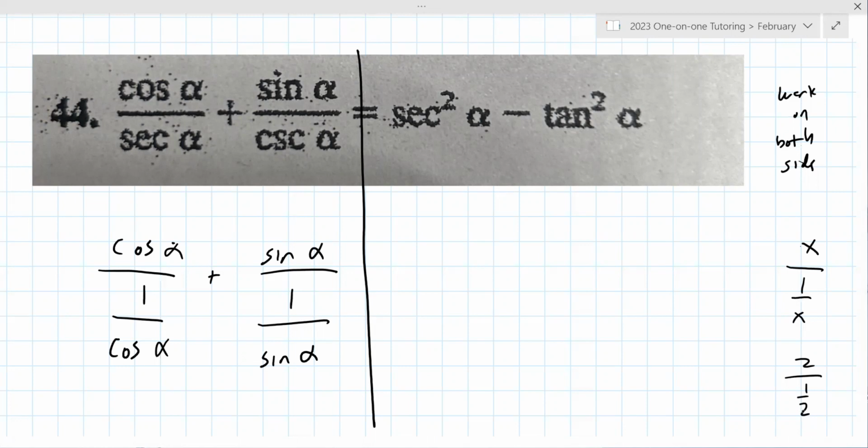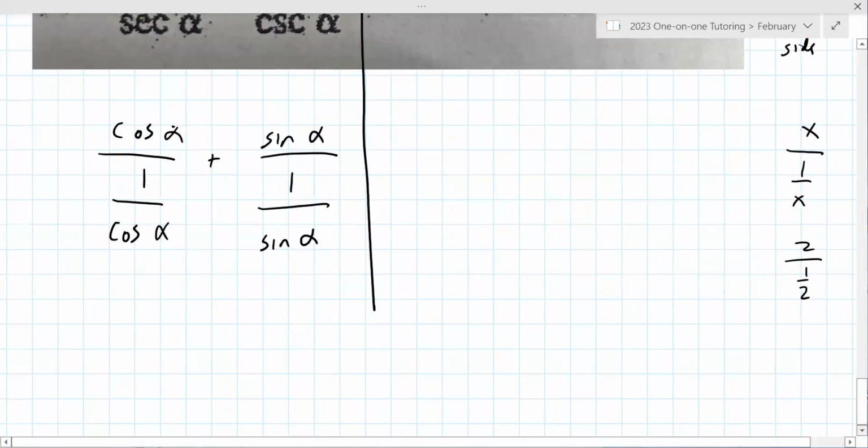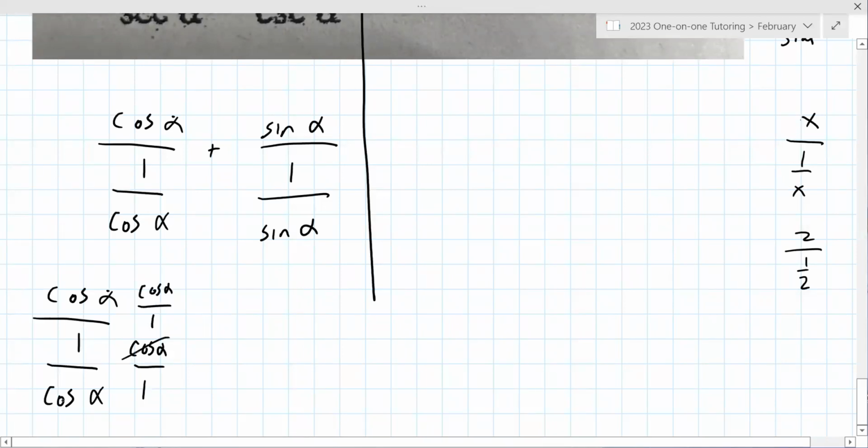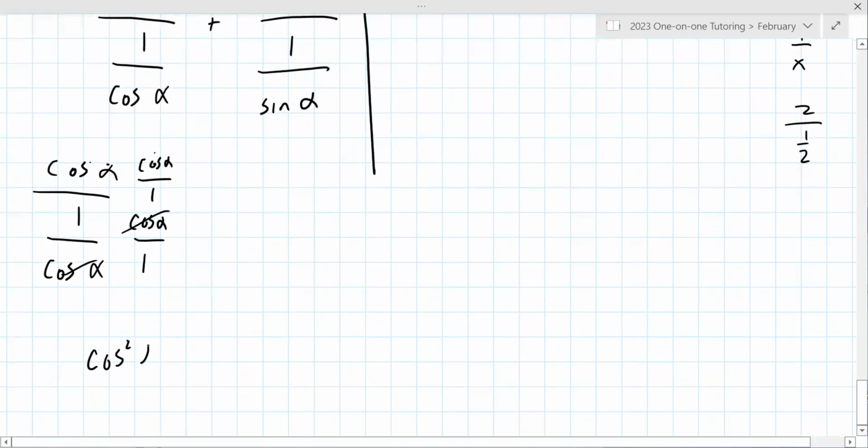I'm sorry, can you give me a reminder? Okay, yeah. Let me break them out a little bit more. What you're doing is multiplying the top and bottom by the reciprocal. Notice on the bottom, everything cancels. But on the top, you have a cosine alpha times a cosine alpha, so it becomes cosine squared alpha, like that.